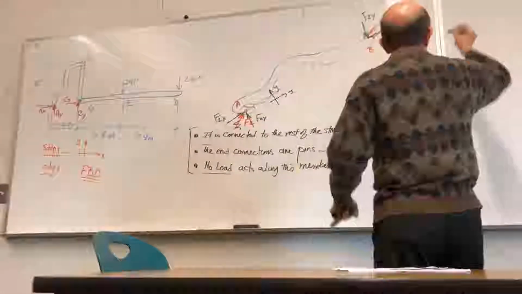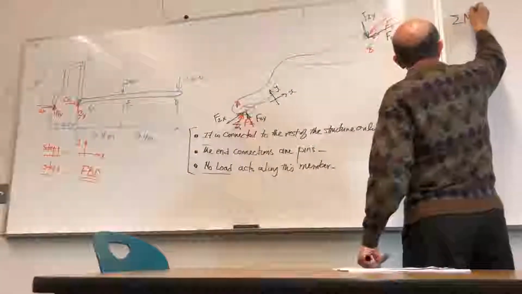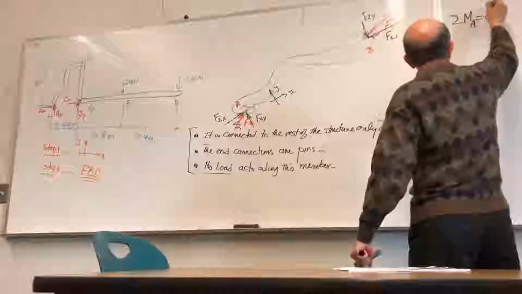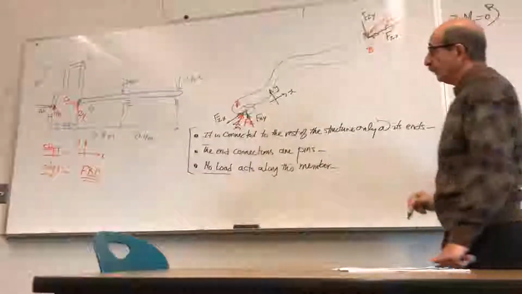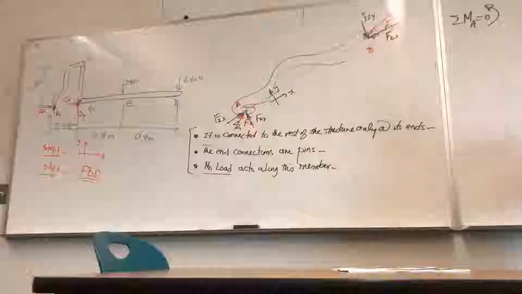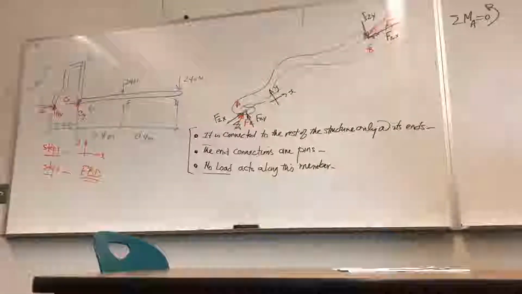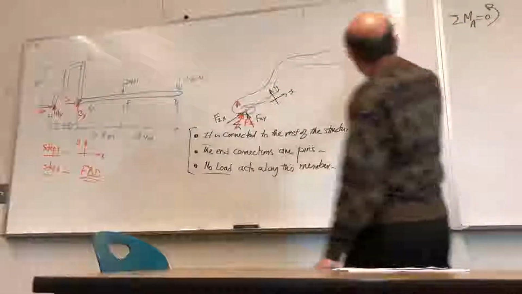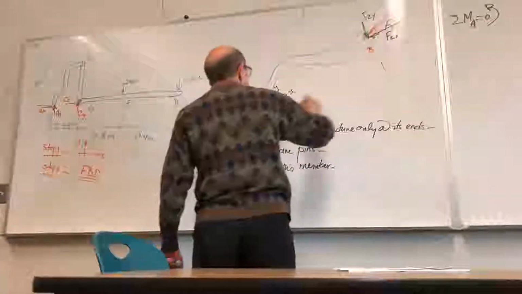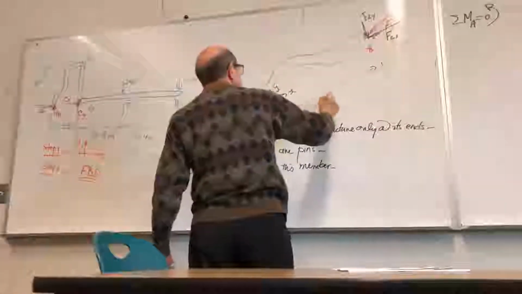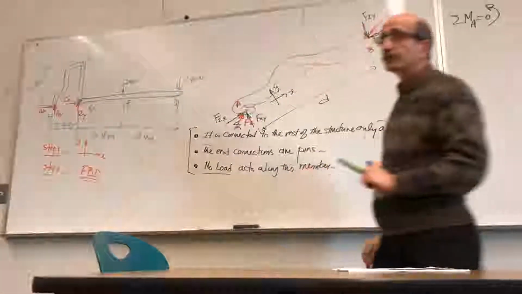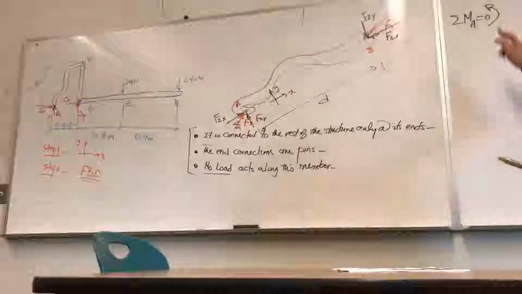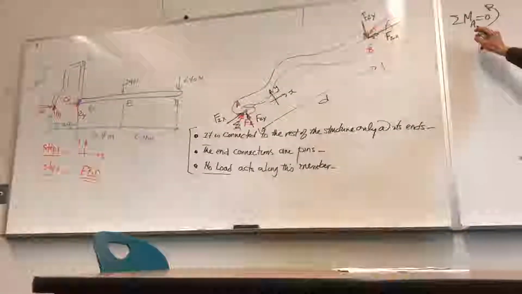So I'm going to start with summation of moments about A is equal to 0. What do I have? Can you help me write that equation? Anybody? If let's say this vertical distance between these 2 is, say, D. This is the straight distance. Okay, so what would be this equation? Anyone?